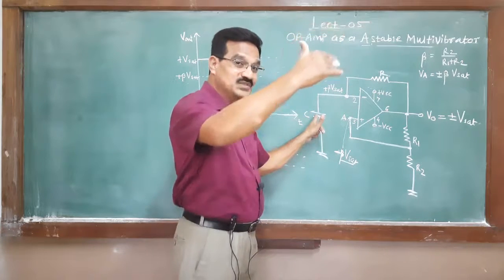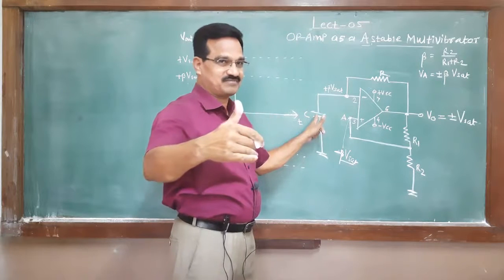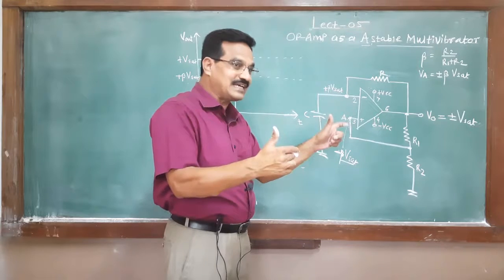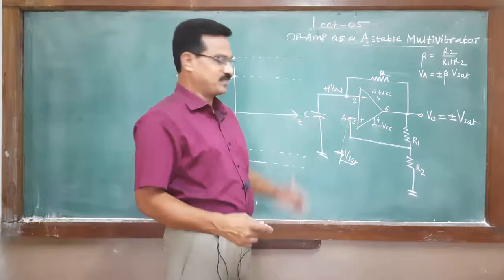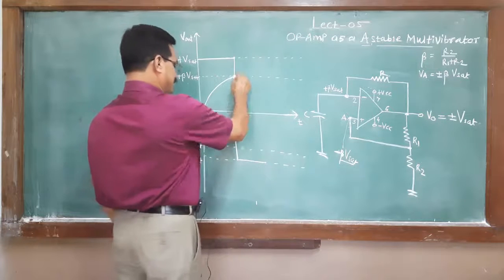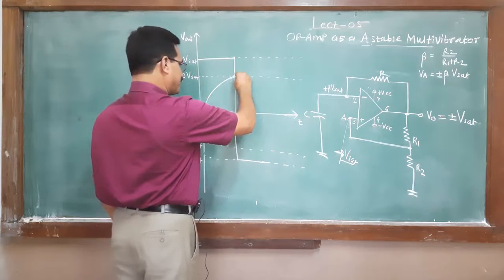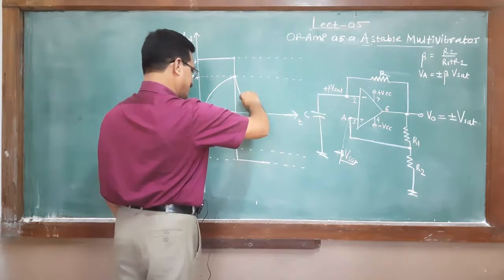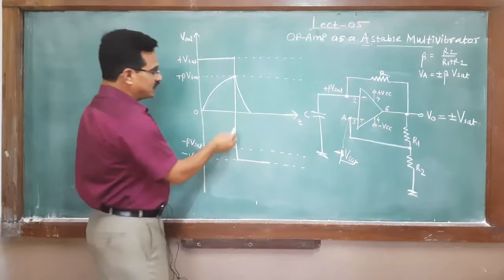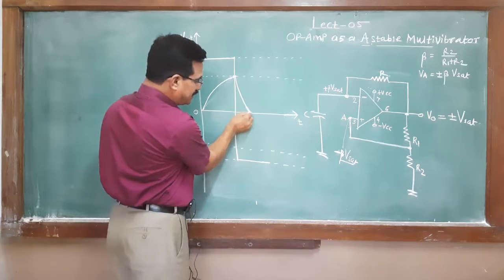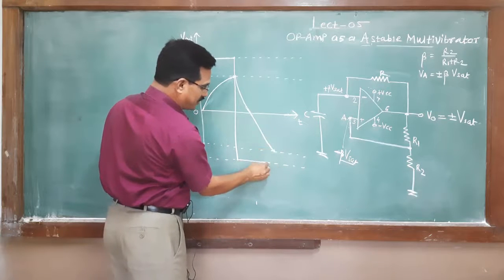The capacitor starts to discharge, meaning voltage across the capacitor decreases and it charges negatively. Charges negatively means voltage across it decreases, and you remember that it goes negative at this point.